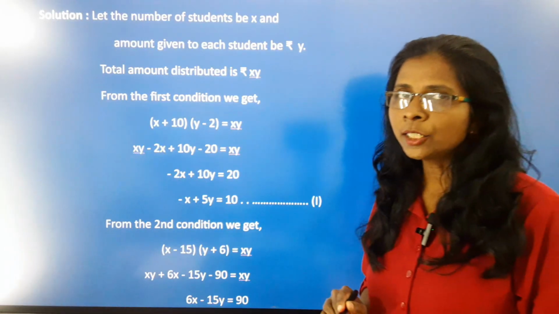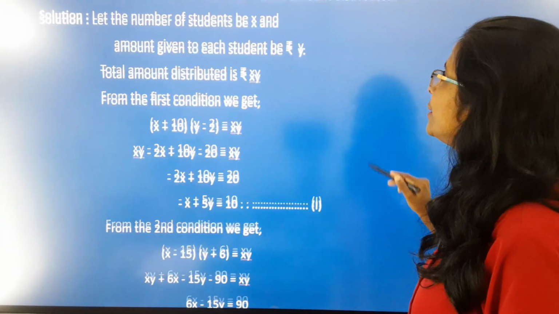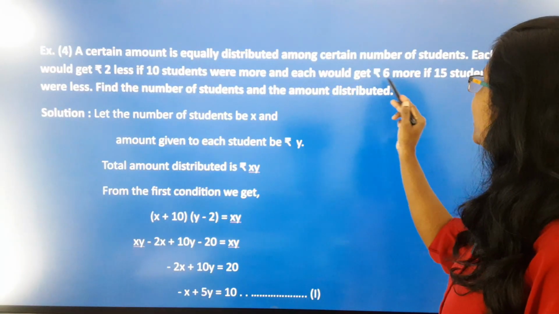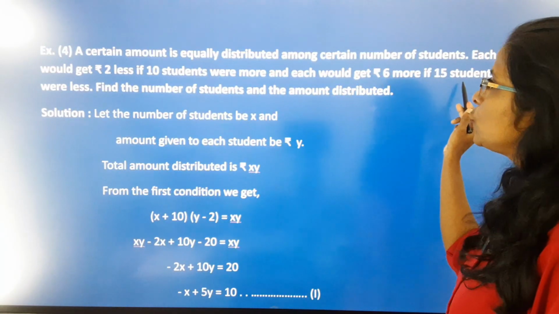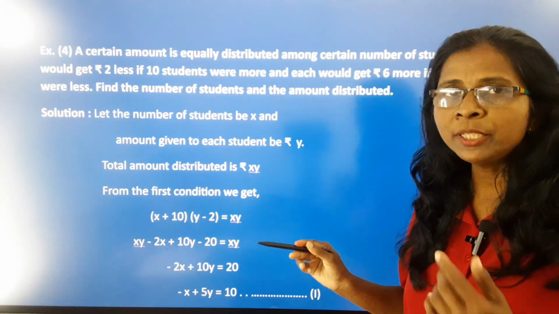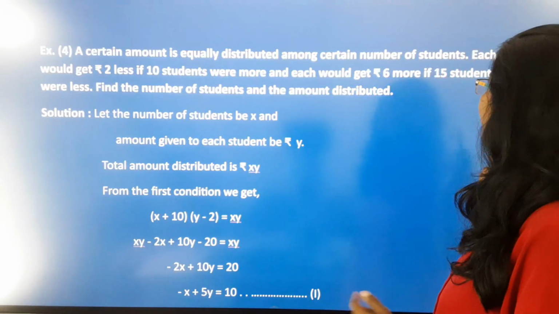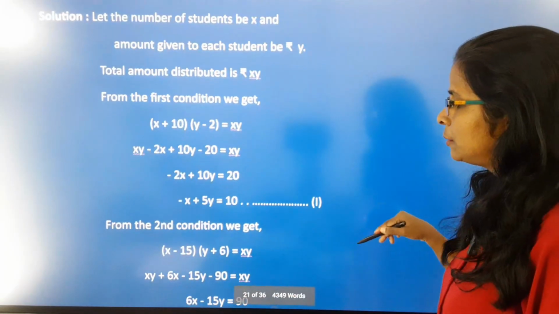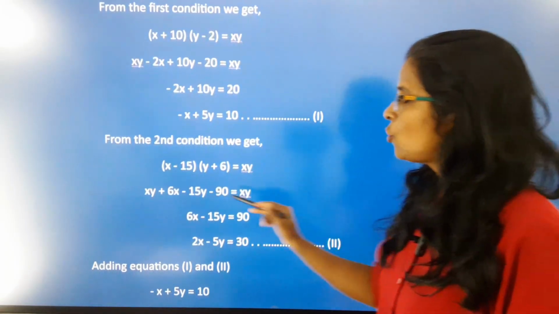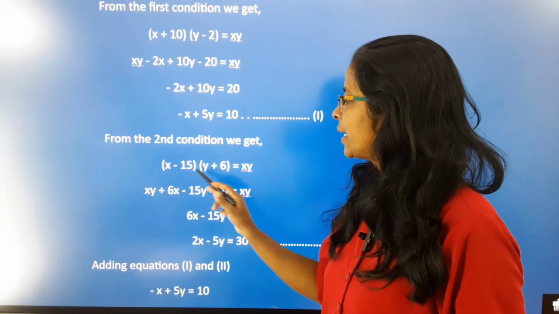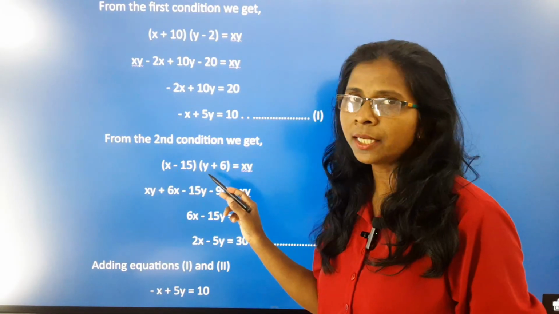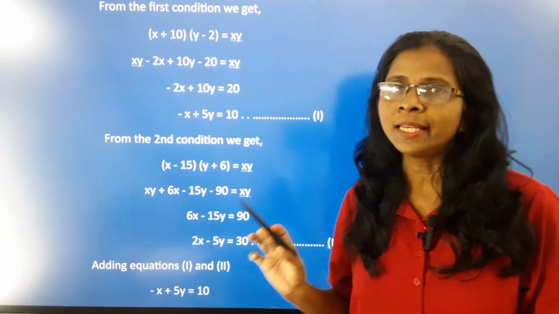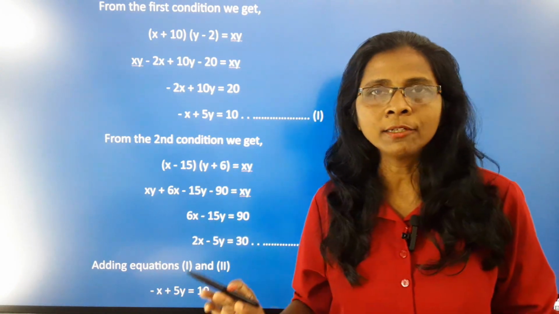Now the second condition. Here the second condition is that each would get 6 more if 15 students were less. 15 students were less means x minus 15, and the amount would be 6 more. So x minus 15 in the first bracket, y plus 6 in the second bracket, which is equal to xy. So this is the second equation from the second condition.